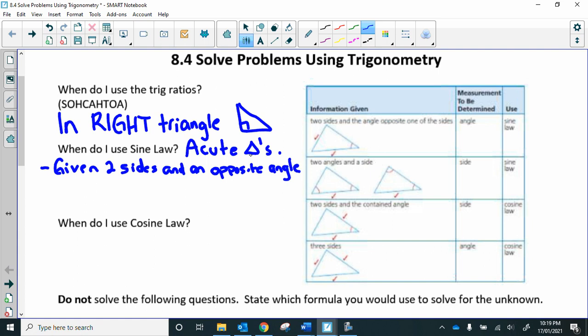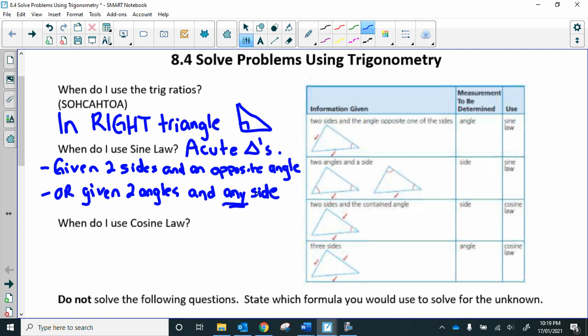Or given two angles, that means you can find the third really easily by taking 180, subtracting the 2. So given two angles and any side, that will also lead you to being able to have an opposite pair.